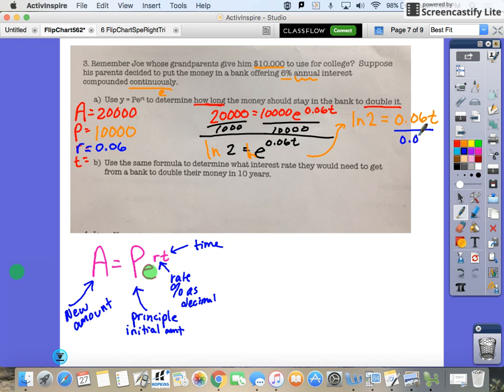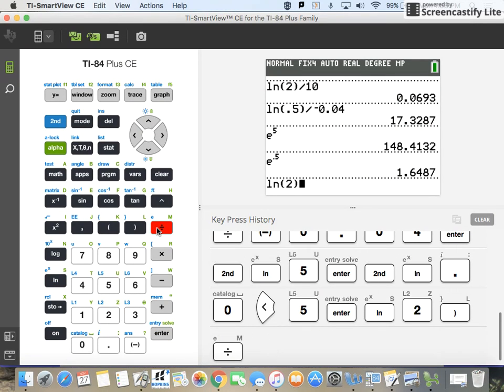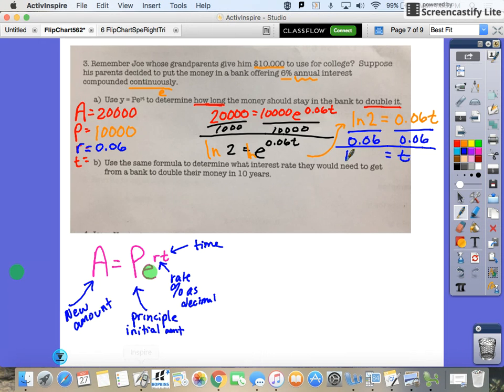And divide by 0.06. t equals the natural log of 2 divided by 0.06, which is 11.55. So it would take about 11.5 years. And again, t is in years because it said annual interest.